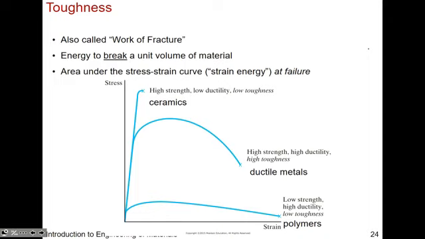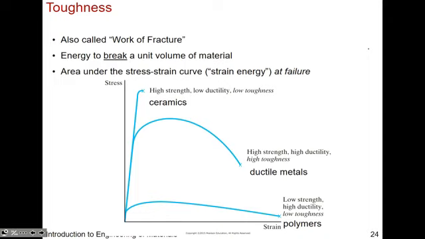And then we also talked about toughness, right, or work of fracture. So this is the amount of energy, just like when we're talking about bone and tendon, that's the amount of energy that's required to break your material for some volume material. So once again, we just look at the area under the curve.